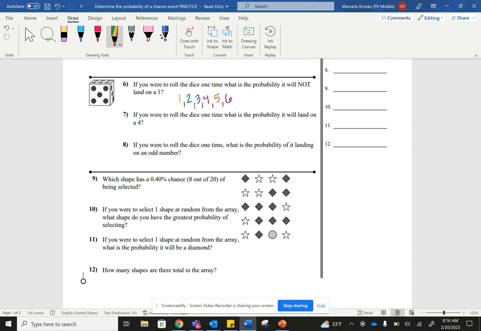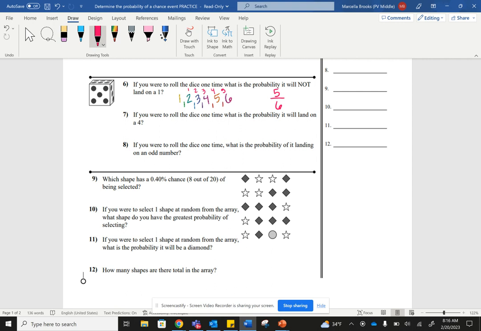So that means we have to count up 1, 2, 3, 4, 5. So it's 5 out of 6 total outcomes. There's a 5 out of 6 chance it won't land on a 1. We don't count the 1 because we want to know the probability of it not landing on a 1.